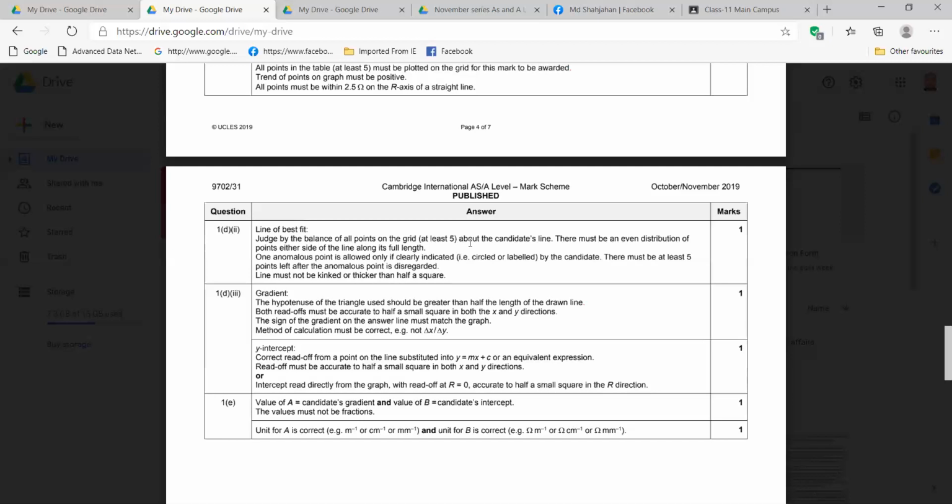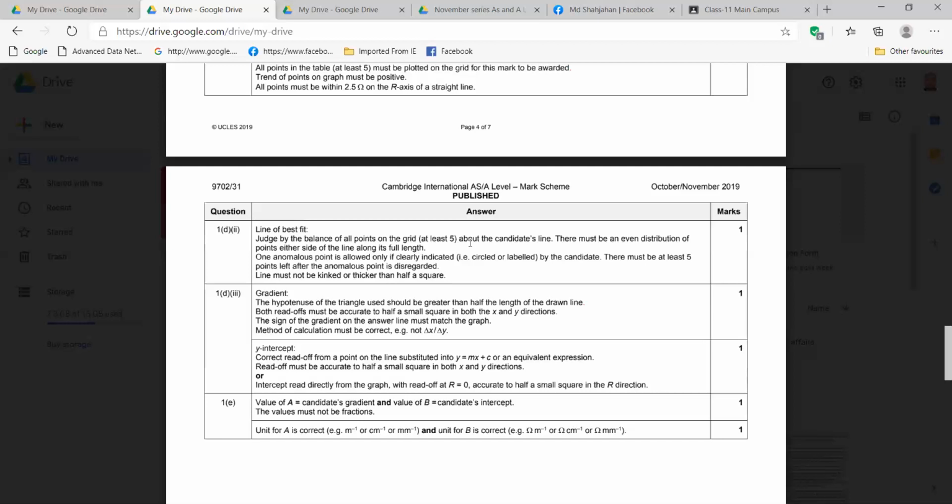When you are drawing the straight line, you should draw in a way that on the right side and left side you have the same number of points, and some of the points will go through the straight line. Any point or more than one point should not go very far away from the straight line. Now it's clear to you?